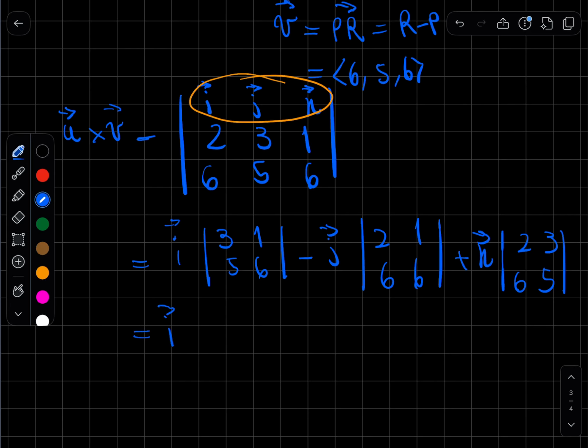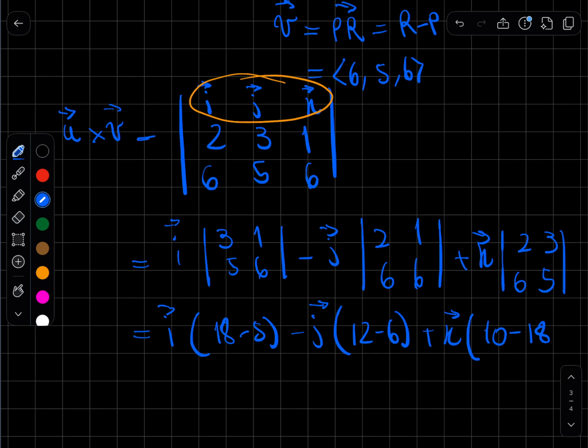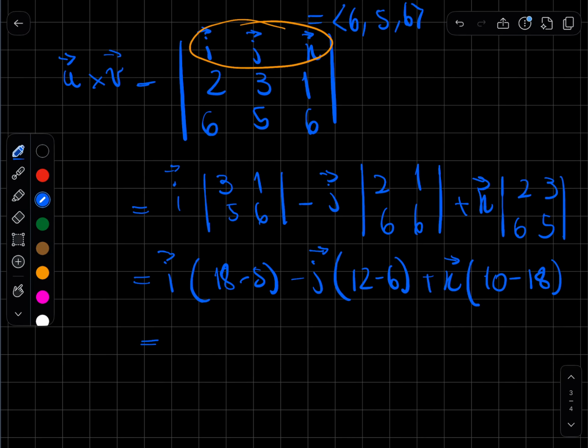So it's I times 3 times 6, 18 minus 5, minus J times 12 minus 6, plus K times 10 minus 18. So this is going to be 13I minus 6J minus 8K.